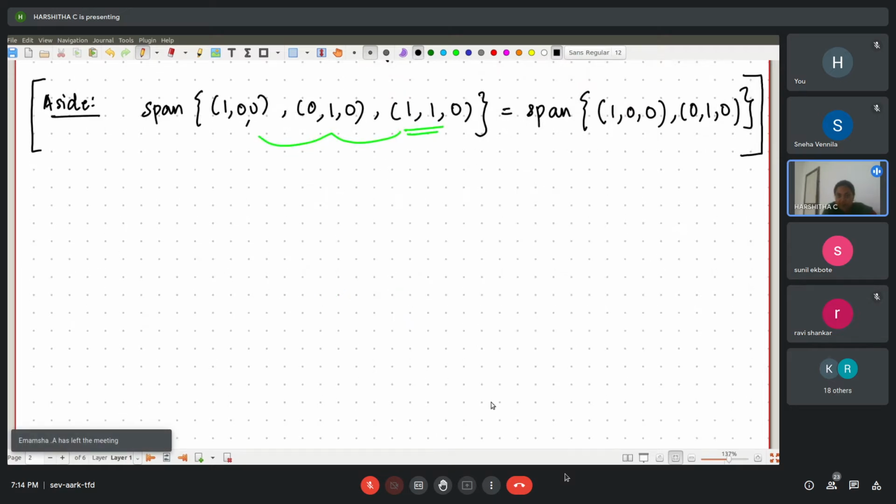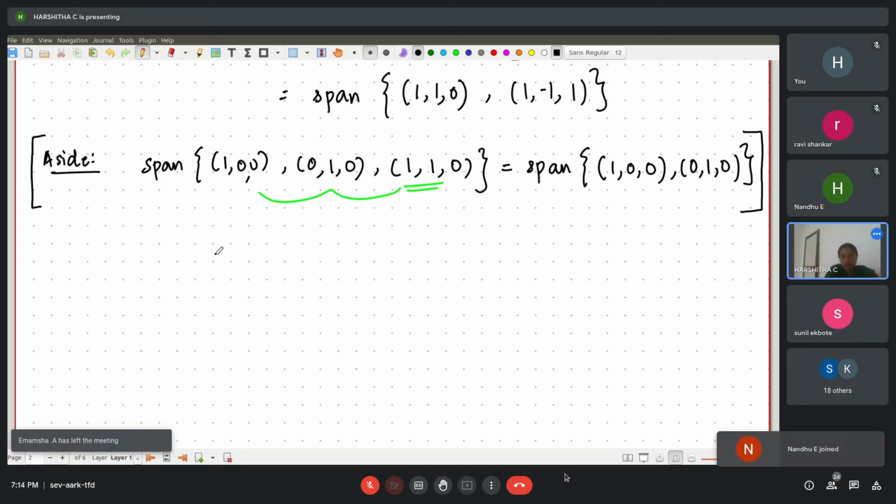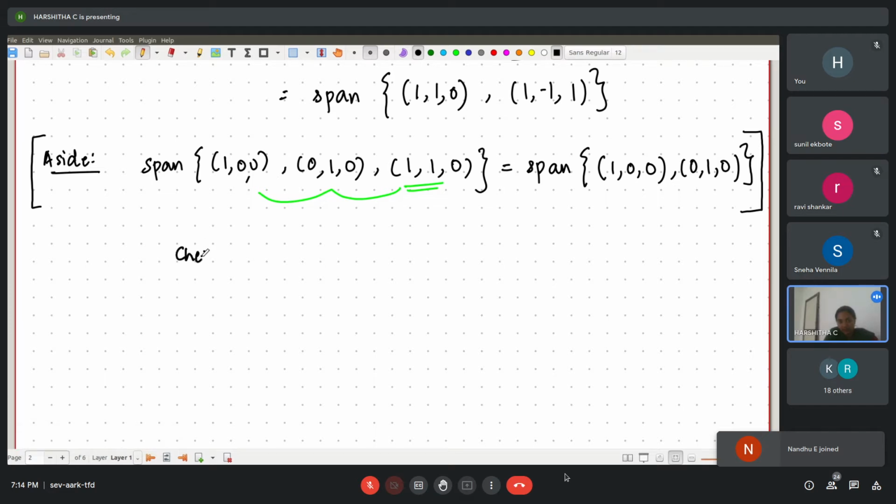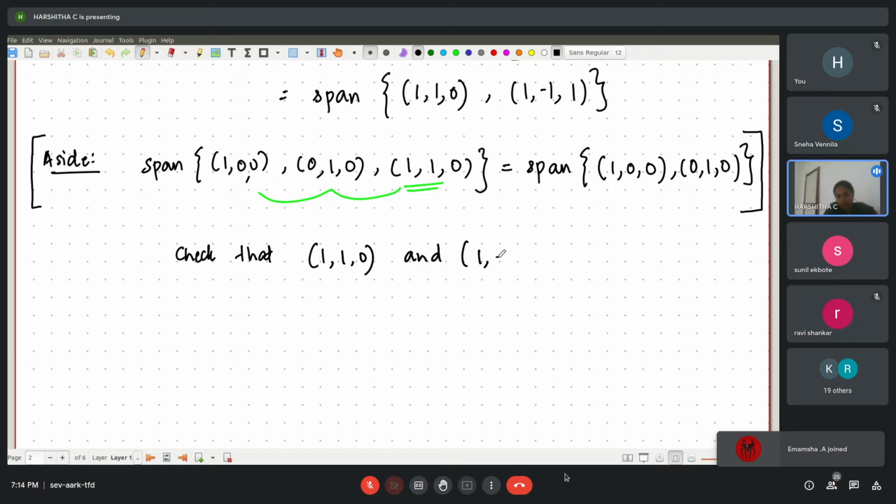So we can check that (1, 1, 0) and (1, -1, 1) are linearly independent.